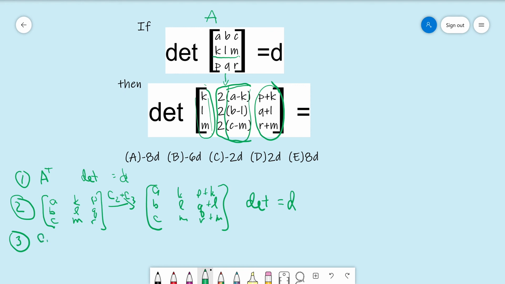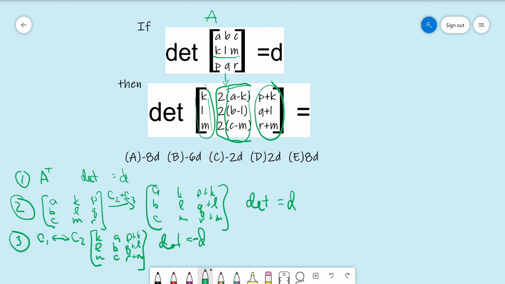Column 1 switch with column 2. That's going to give us K, L, M, A, B, C, and then P plus K, Q plus L, R plus M. And the determinant is still going to be D because switching columns doesn't... actually, it's not going to be D because switching columns changes the sign of the determinant. So now it's going to have negative D. That's going to be the determinant.